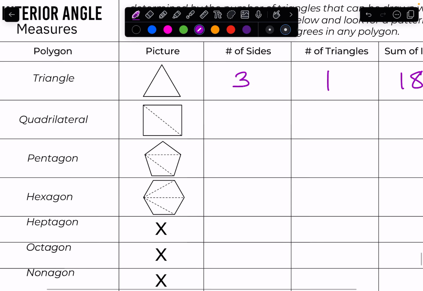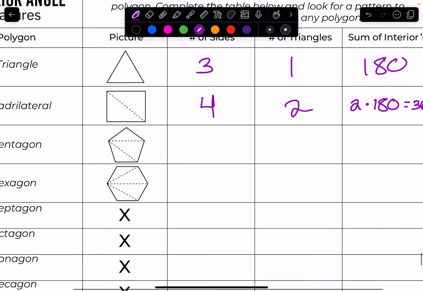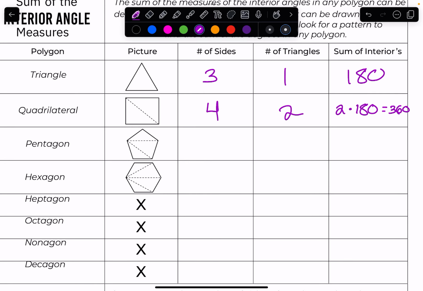So if we look, a quadrilateral has 4 sides, 2 triangles. If it has 2 triangles, it would have 2 times 180 degrees, which is 360. Then we do the same thing for a pentagon. A pentagon is a shape that has 5 sides, and we can see by the way that it is drawn that it would have 3 triangles.